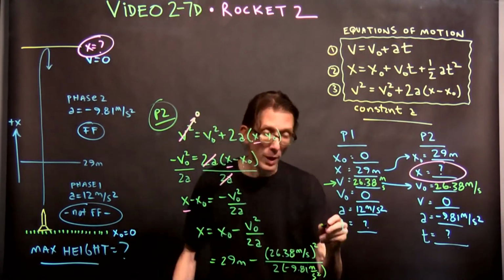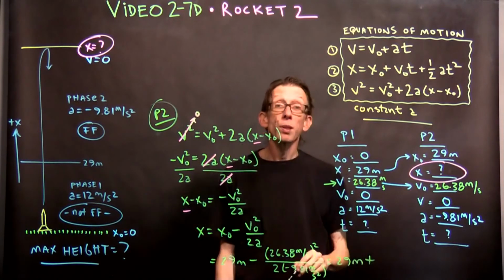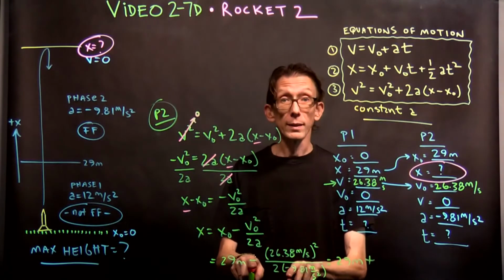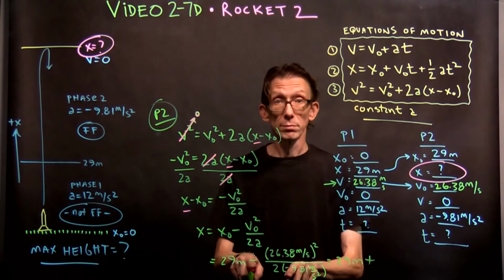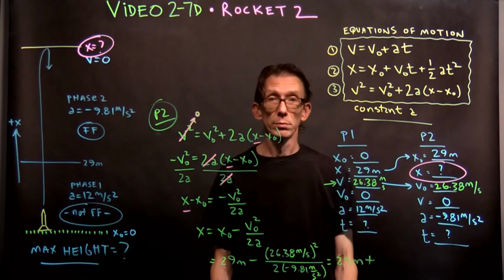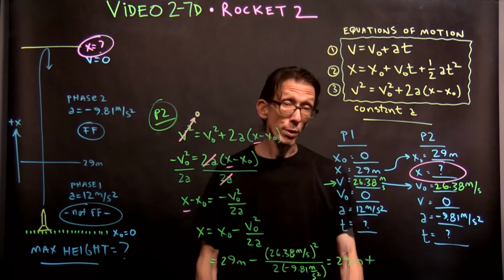Okay, so that's 29 meters. You're going to get a plus sign there. Why? Because you've got a negative sign here and a negative sign in the basement, and they're going to cancel. You have minus a negative number, right? So minus minus 2 is the same as plus 2.